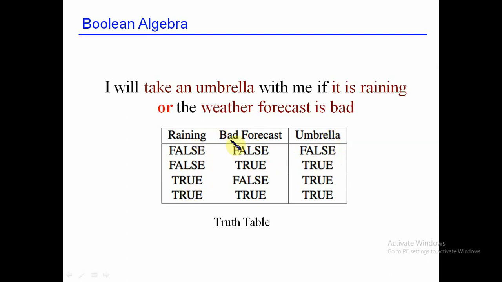Rain is present but bad weather is not: then also we require an umbrella because it is raining. Rain and bad weather both present: in that case, we have the necessity of an umbrella. So when rain and bad weather are absent, that is 0 and 0, there is no necessity of an umbrella, so we take 0 here. The remaining times we take 1.